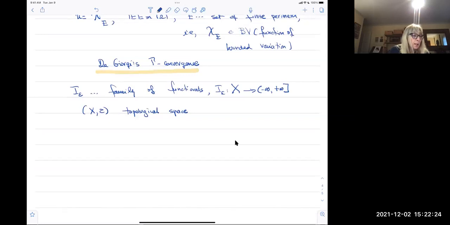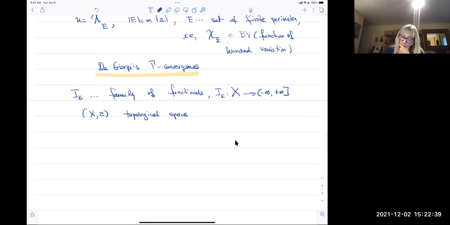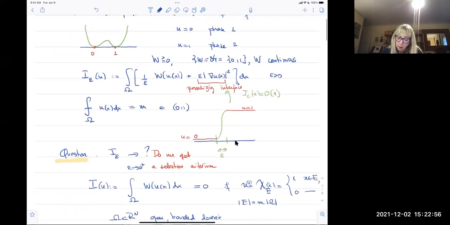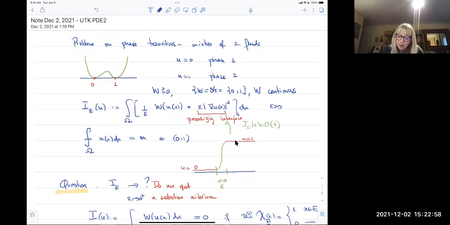So when do I say that, and now let me take another I. By the way, here, word of caution, our I epsilons need the functions to be very nice, right?